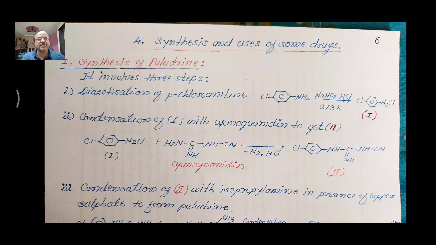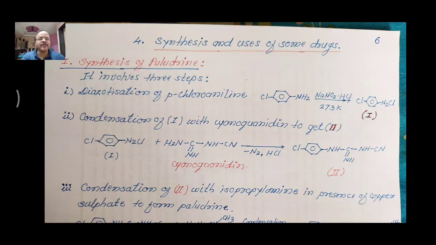In the second step, compound 1, obtained in step number 1, is condensed with cyanoguanidine to get compound number 2. So compound number 1, ClC6H4N2Cl, plus H2N-C(=NH)-NHCN, which is called cyanoguanidine.